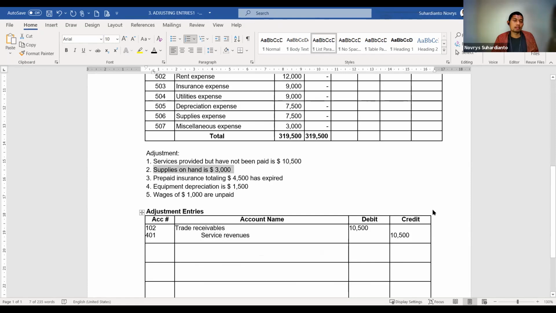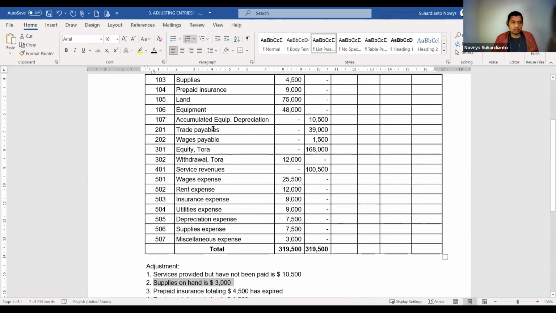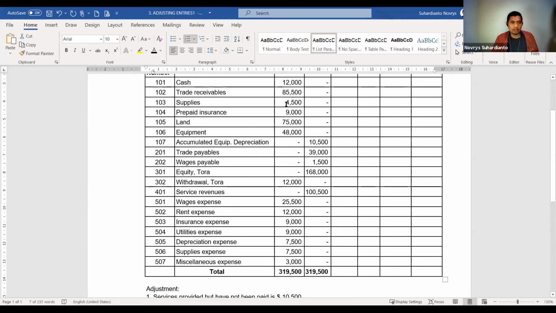Second, supplies on hand is 3,000. According to the trial balance, the balance of supplies is 4,500.